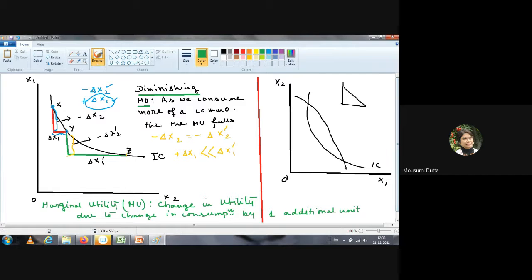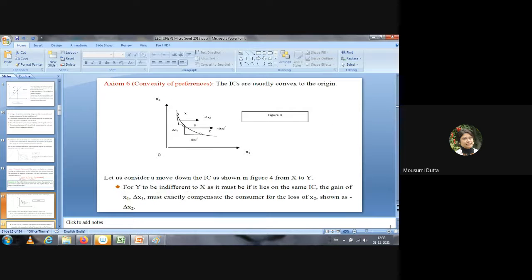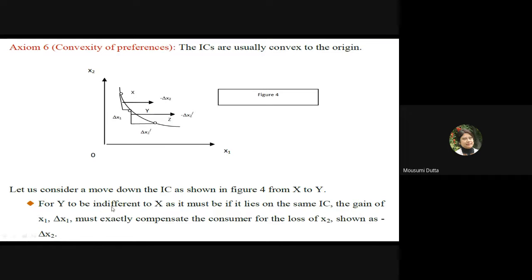So let's come back here. Let's consider a move down the indifference curve shown in this diagram from capital X to capital Y. If I want this point Y to be indifferent to X, as it must be because it is lying on the same indifference curve, the gain of X1, that is delta X1, must exactly compensate the consumer for the loss of X2, shown as minus delta X2.